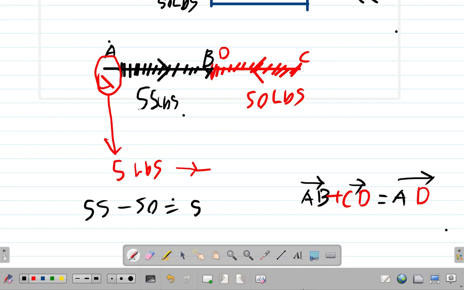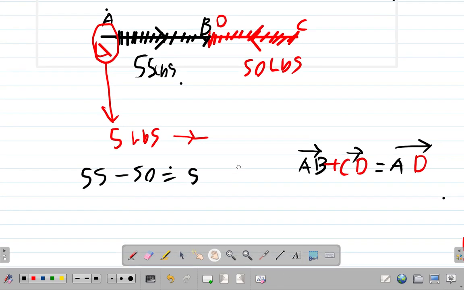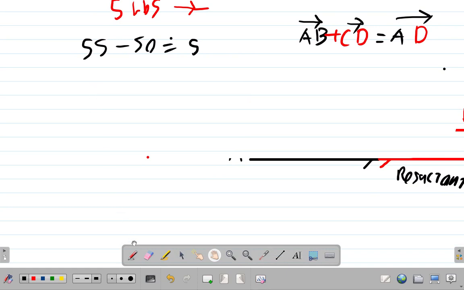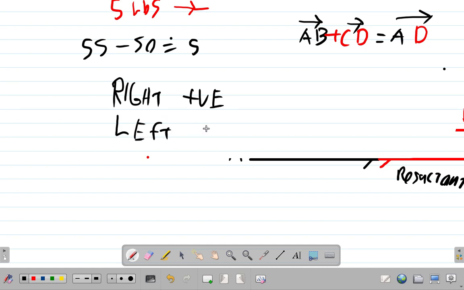Now at this point, make a note. Vectors acting to the right are considered positive. Vectors acting to the left are considered negative. Vectors acting up are considered positive.